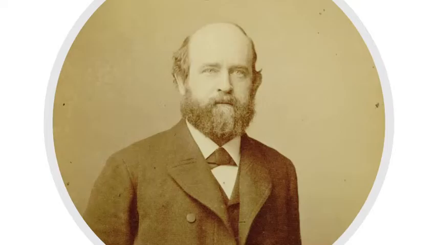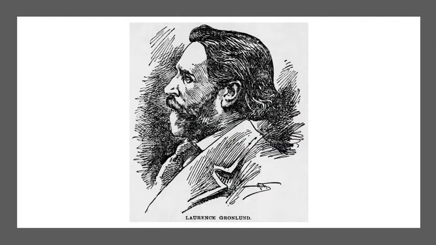Lawrence Gronlund, who we see in this sketch, was a socialist who believed that private control of economic enterprises should be replaced by government ownership to ensure a fairer distribution of wealth.